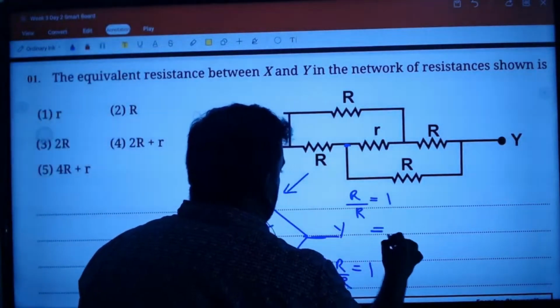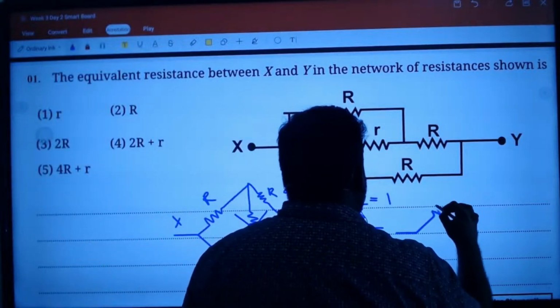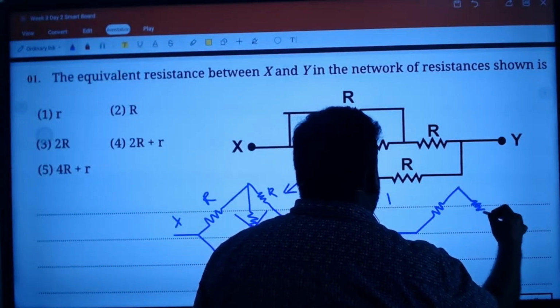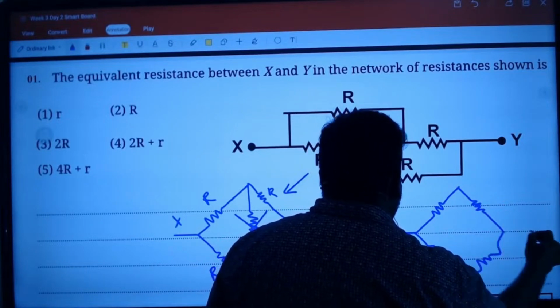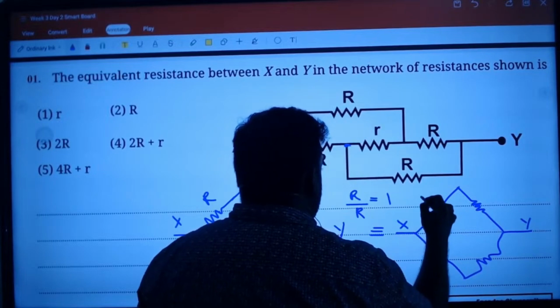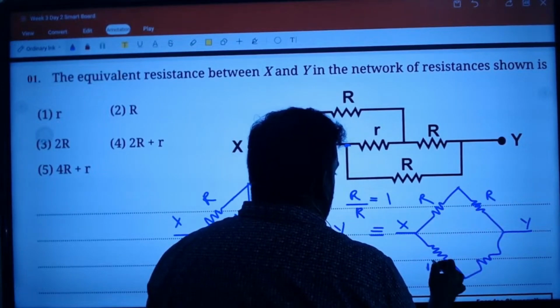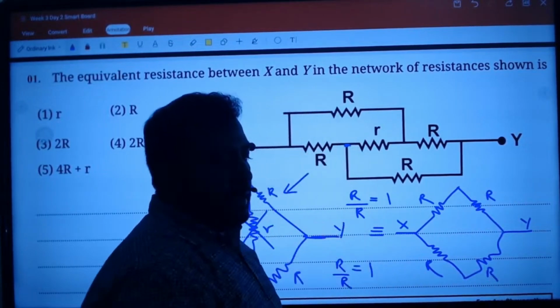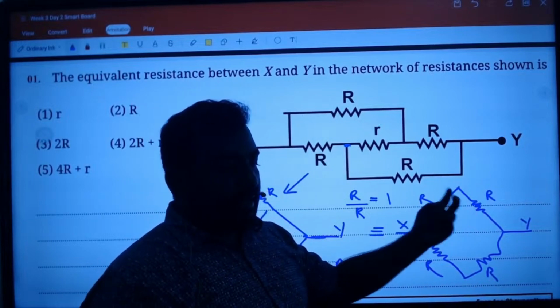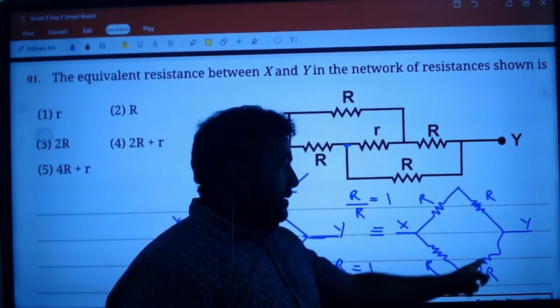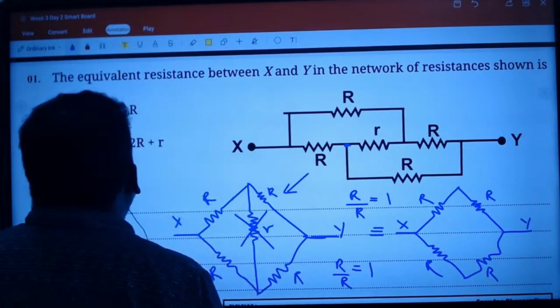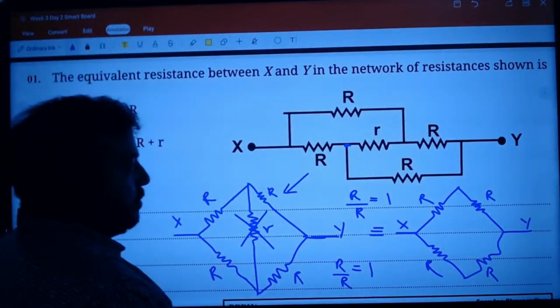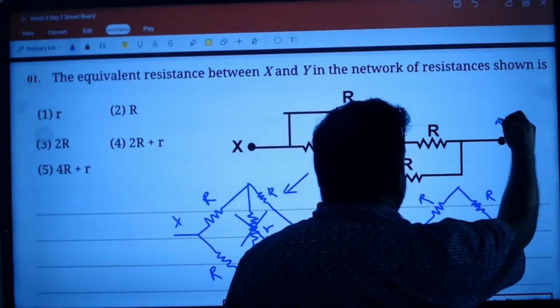Now you can simplify this. You have a resistor here, you have a resistor there. That's X, that's Y. Resistors in series, you can add them: 2R.